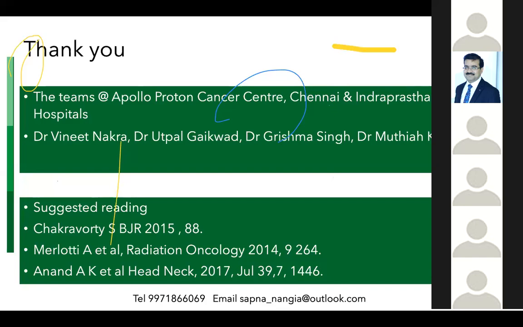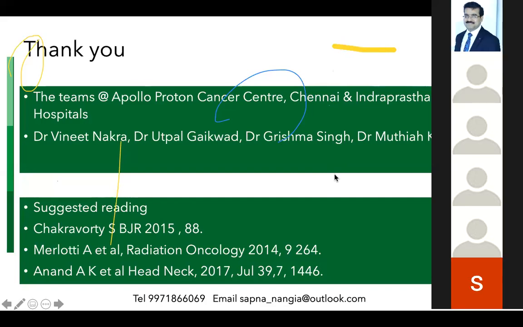Okay, and ma'am, next question: what particular structure should be spared to reduce trismus, and what should be the dose constraint? There are some studies indicating that dose to the masseter, pterygoid and the TM joint affects the risk of developing trismus.